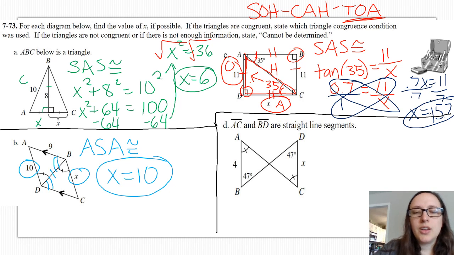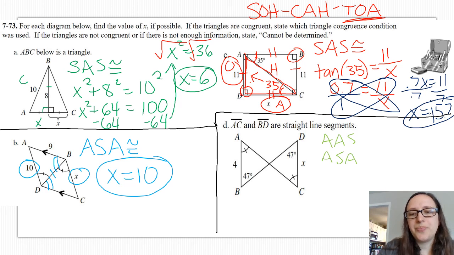Okay. All right. And then moving on to part D. Let's look at this. So we have two angles that are equal, angle, angle. We could use angle, angle, side, or angle, side, angle, but we don't have any markings and we don't have any sides that are overlapping each other like we do in A, that middle diagonal, and in B, that other diagonal.